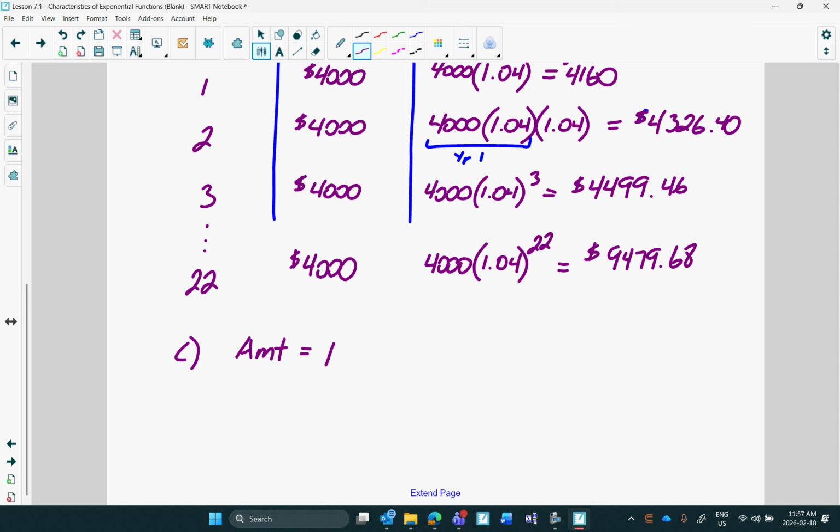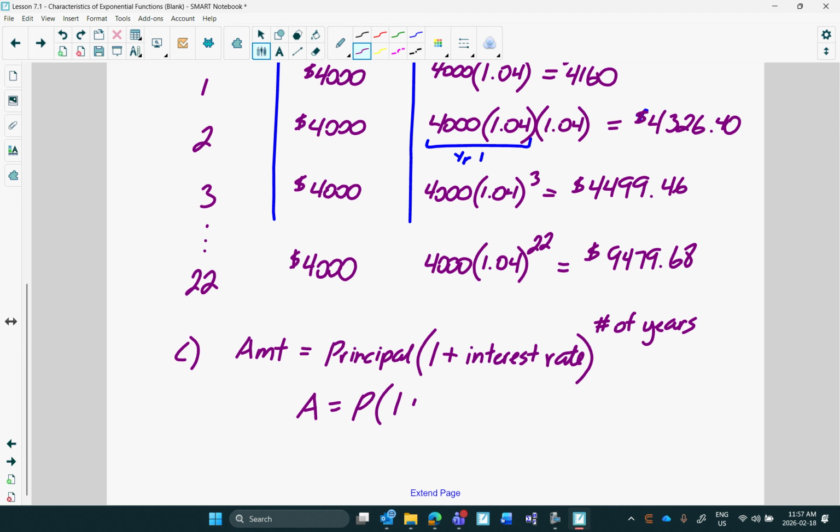We were doing the principal times 1 plus the interest rate, raised to the number of years we invested for. Or it would look like that if we used variables.